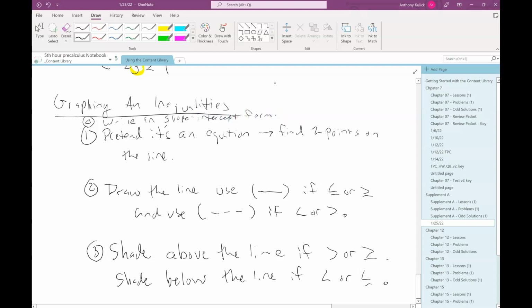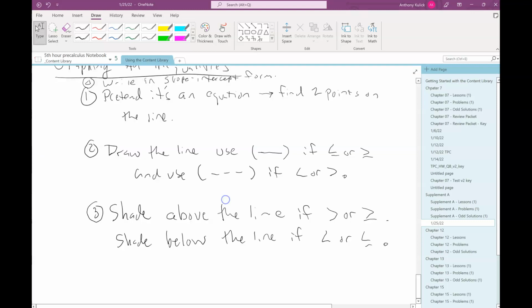Zach. Sure. One thing we might want to say here on that last step, number 3 as well. When we say shade above, what if the line is vertical?